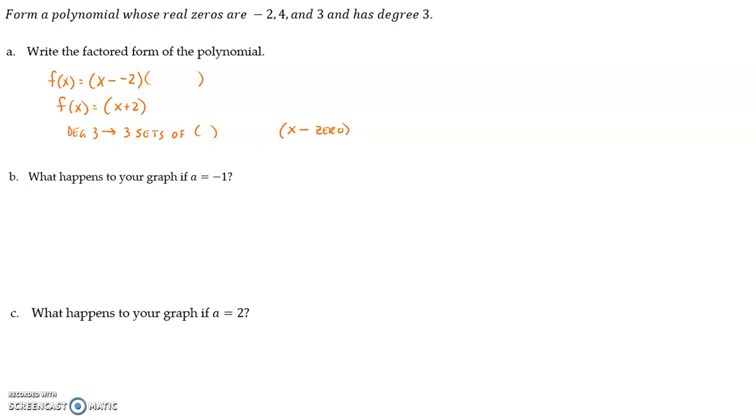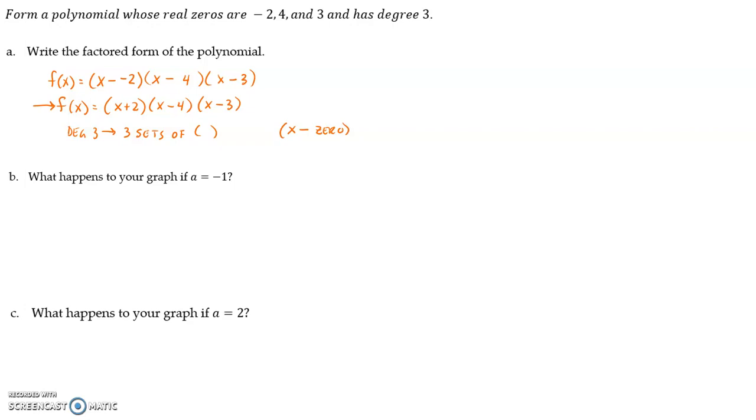For our second set of parentheses, we're going to have x minus, our next 0 is a 4. So we've got x minus 4. And for our third set of parentheses, we're going to have x minus our 0 of 3. So x minus 3 will be our last one. And so here's our polynomial in factored form.